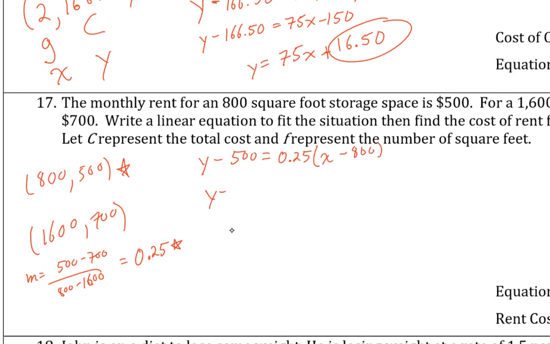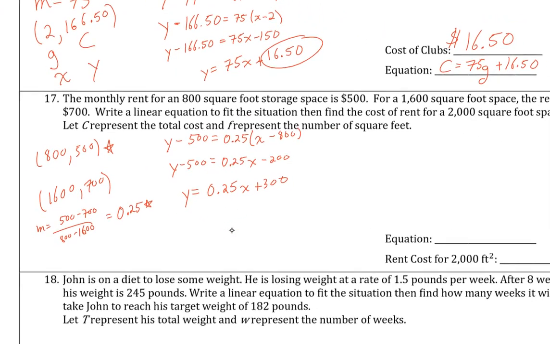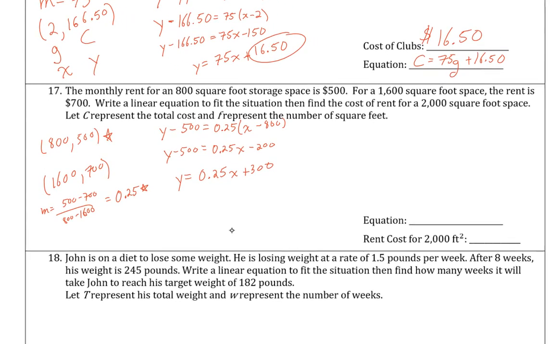All right, so I distribute. And I multiply 0.25 times 800, which gives me negative 200. Adding that over to both sides, we get our equation. Now, for our equation here, they said they want C as the cost and F as the number of square feet.